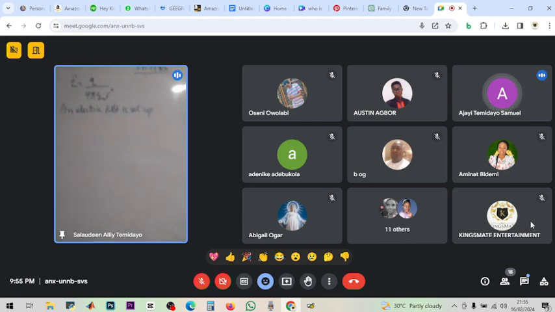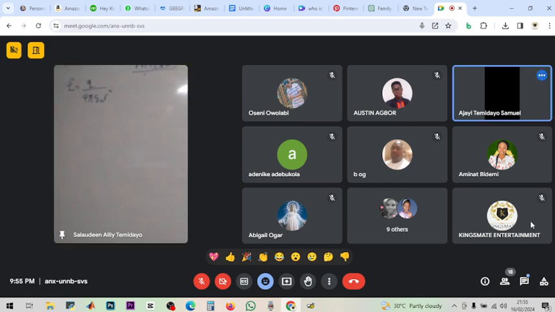Share your screen. I'm not hearing you. Share your screen, please. You are using the screen of the phone, right? Press the 3 dots at the right bottom side of your phone. Share screen is the second option.